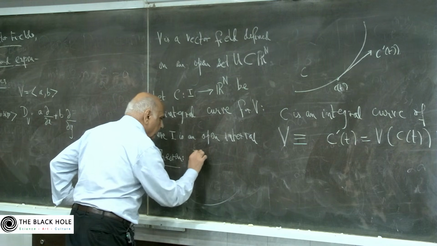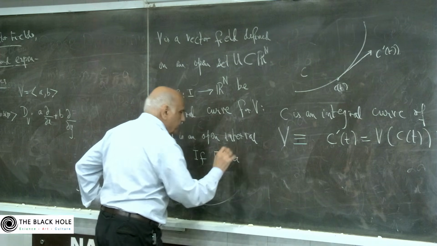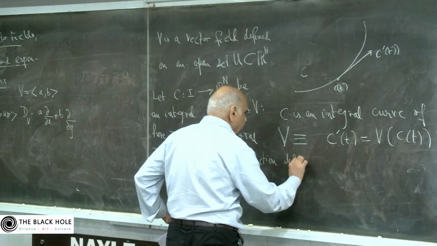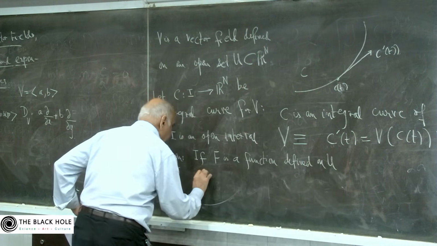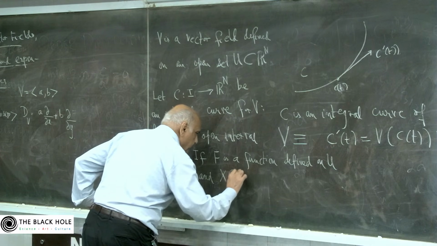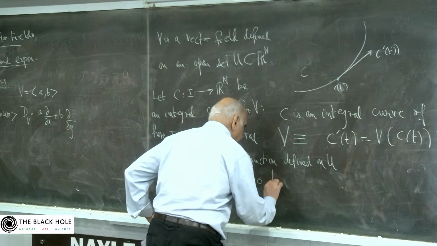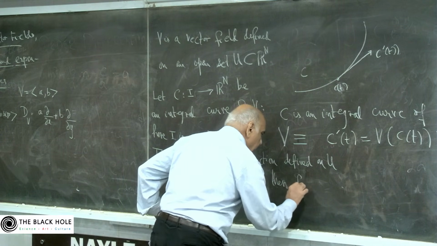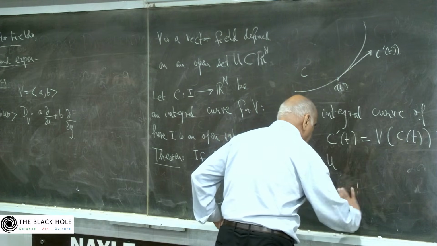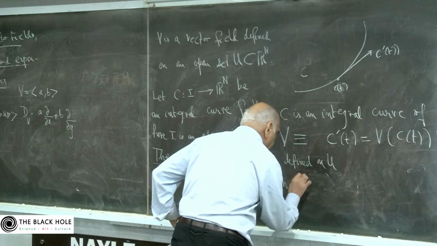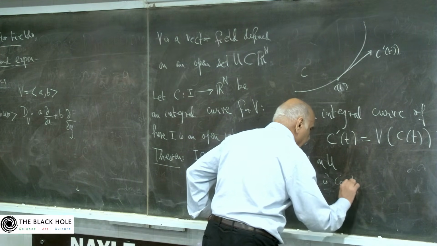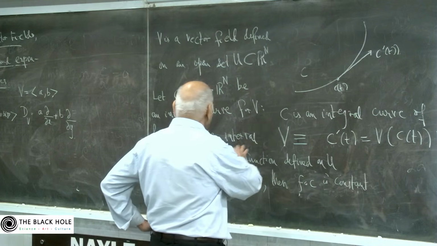If f is a function defined on U and V of f is 0, then the function f of c(t), the function f composed with c, is constant. Oh, did I take capital F or small f?